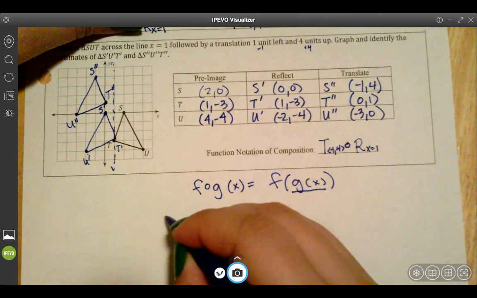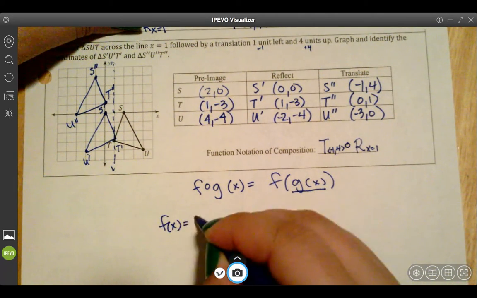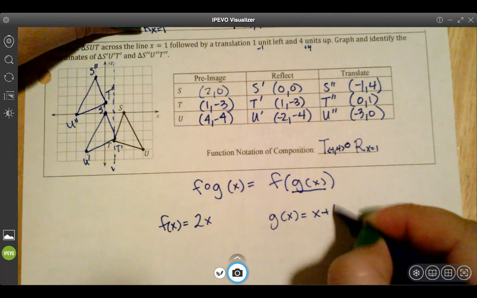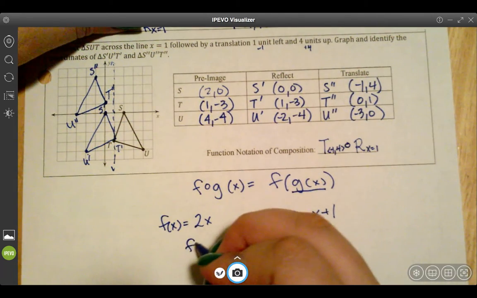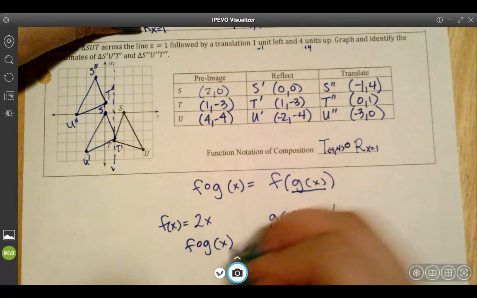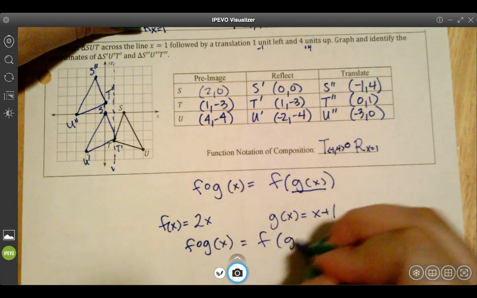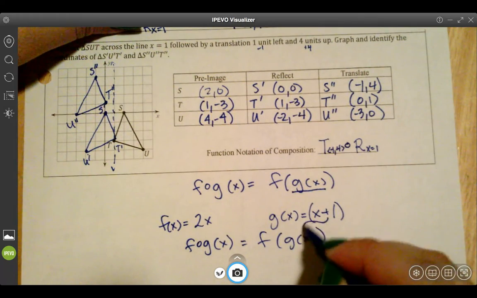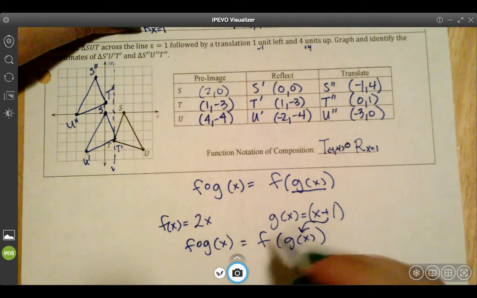Okay, so imagine if I have f of x equals 2x and g of x equals x plus 1, then f composed with g of x will be f of g of x, where g of x is going to replace g of x here.